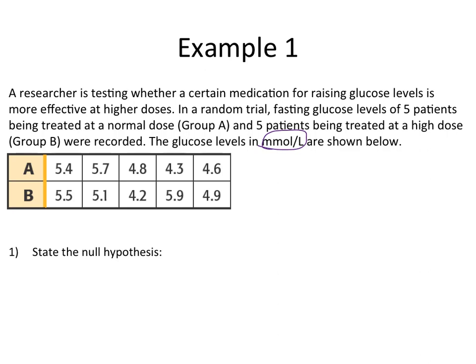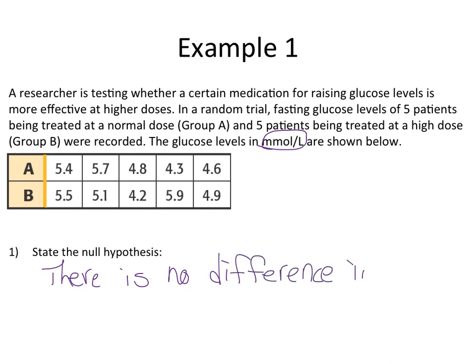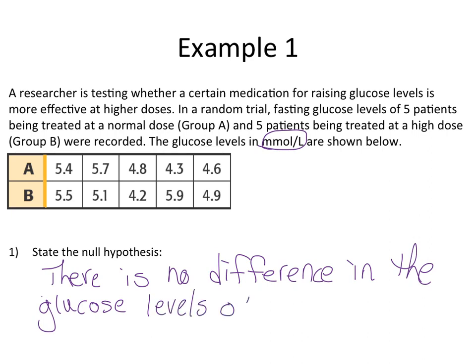So here, our null hypothesis would be there's no difference in the glucose levels of group A and B. Even if maybe the data shows something else, that's not what the question was asking.